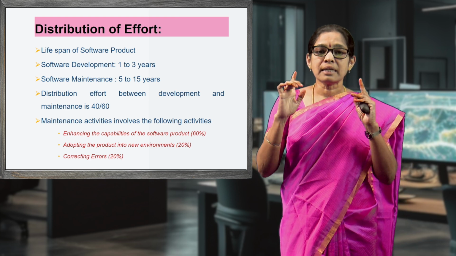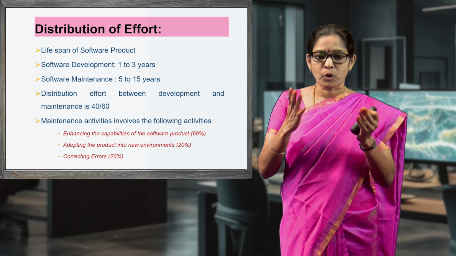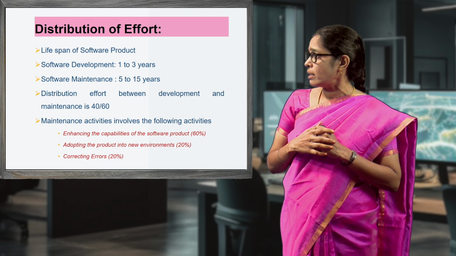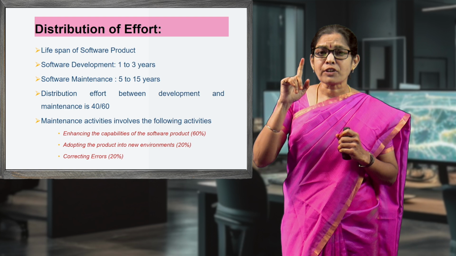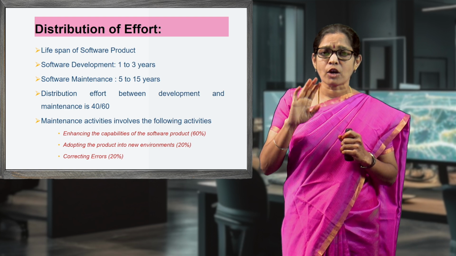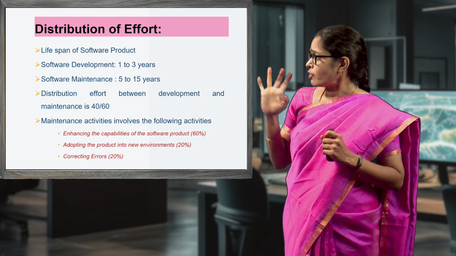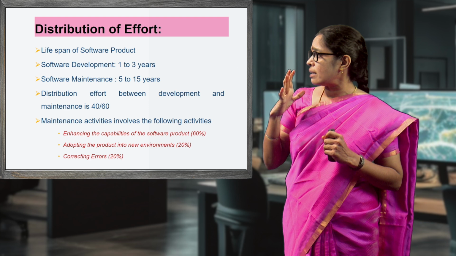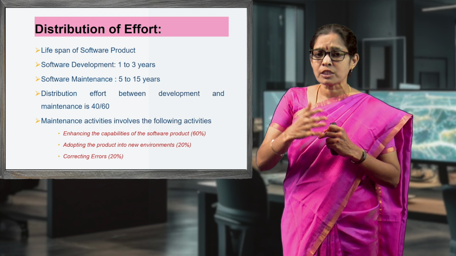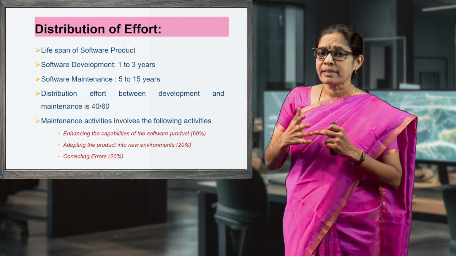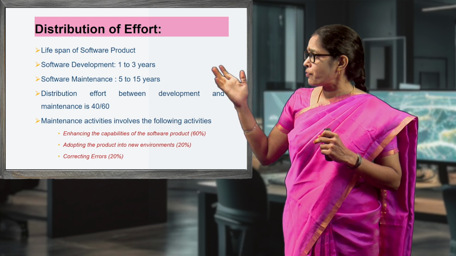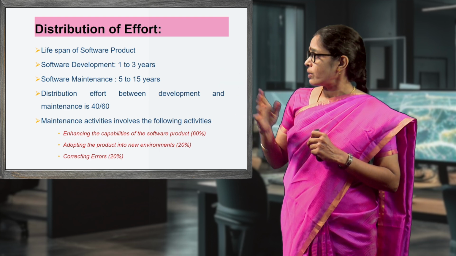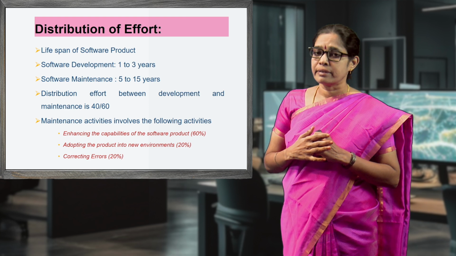The total lifespan of a software product is discussed in this topic. It includes two things: software development and software maintenance. For developing the software we spend 1 to 3 years. The duration of software maintenance is 5 to 15 years.